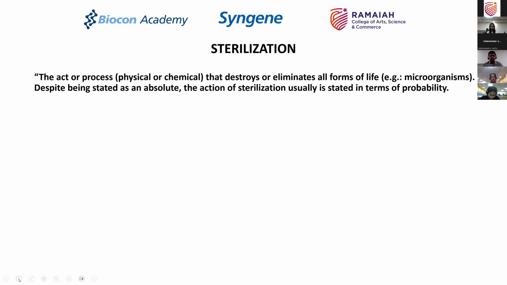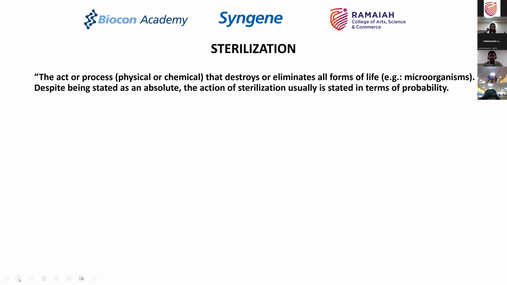So what do we mean by sterilization? The act or process, physical or chemical, that destroys or eliminates all forms of life, that is microorganisms, is what is called sterilization. Now, while the statement says it is an absolute action, sterilization is actually stated in terms of probability.